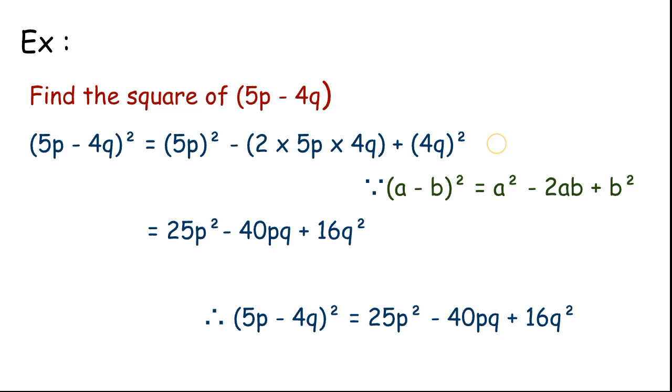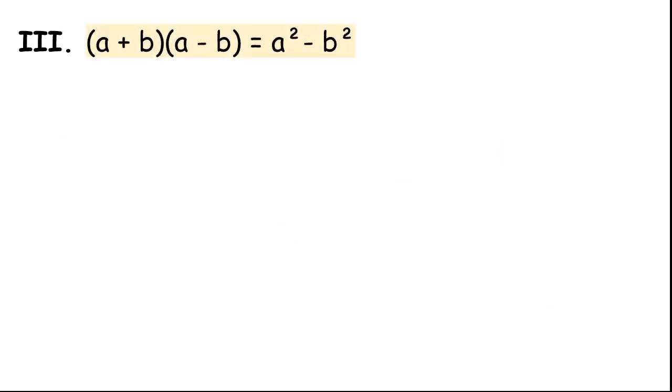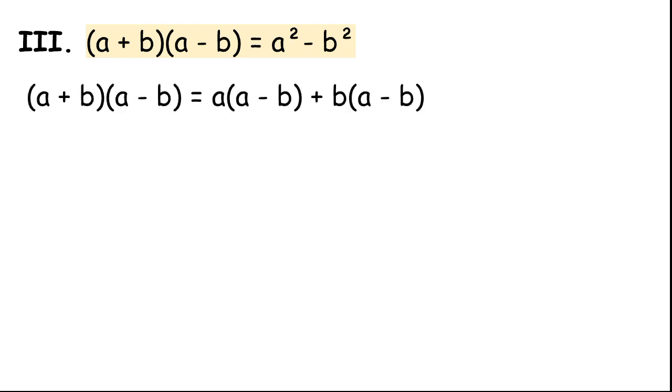Now let us see the third identity, which is nothing but the product of sum and difference of same numbers. So (a + b) into (a - b) is equal to a square minus b square. Let us see how we got that. (a + b) into (a - b) is nothing but the product of two binomials, which can be written as first term into second expression plus second term into second expression.